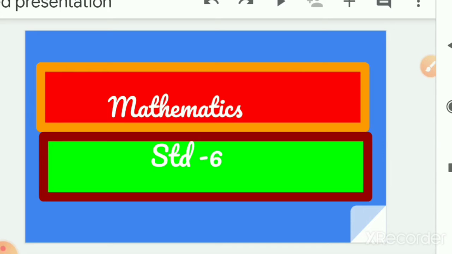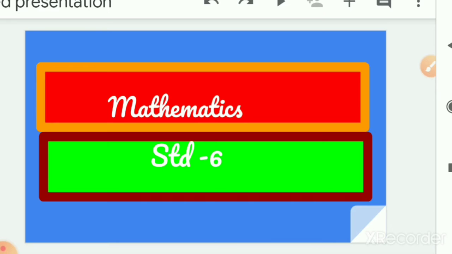As we have started the fraction chapter, in exercise 7.2 it has already come, so we have started after 7.3. We have completed the exercise prior, but some questions were left, so we will do those questions today again.